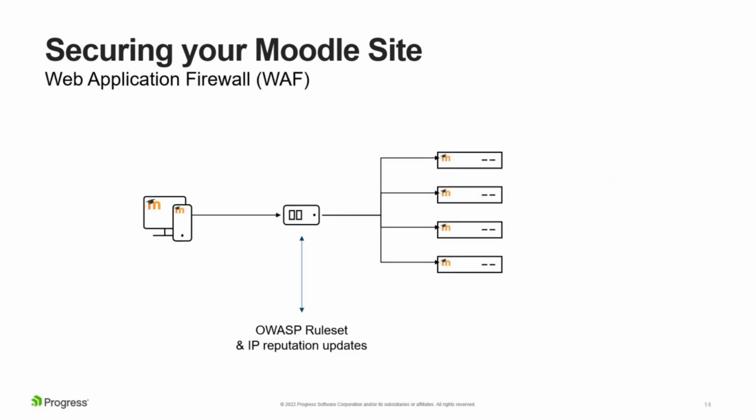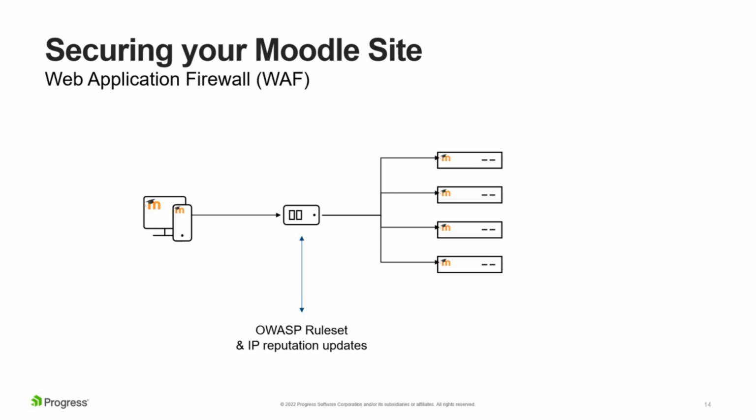One of the primary ways that websites and applications are compromised is through vulnerabilities that are documented by the Open Web Application Security Project, known by the abbreviation OWASP. LoadMaster's Web Application Firewall, or WAF, provides a way to protect your Moodle site from attacks attempting to exploit these vulnerabilities.